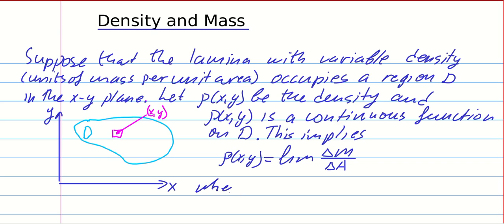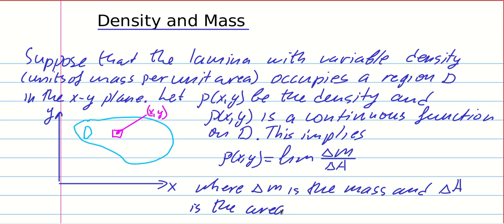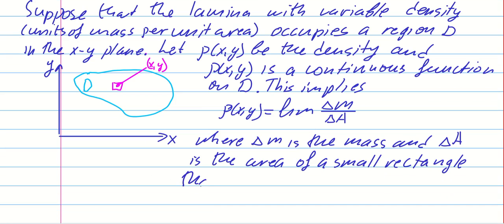And in this formula, delta m is the mass, and delta A is the area of a small rectangle that contains xy.